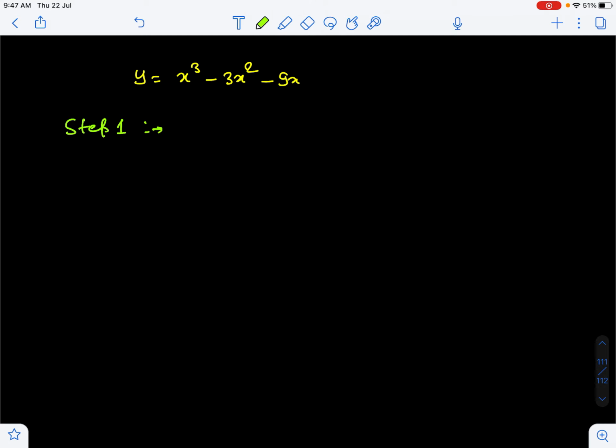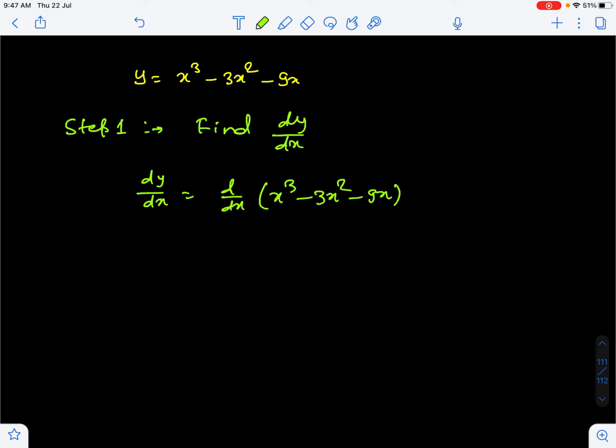Step 1, find dy by dx. So what is dy by dx, guys? dy by dx, I can write d by dx of x cube minus 3x square minus 9x. From the rule of separation I gave in the last class, I am using that rule: d by dx of x cube, minus d by dx of 3x square, minus d by dx of 9x.